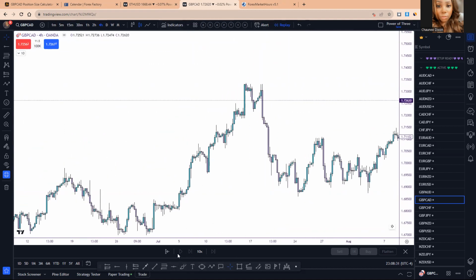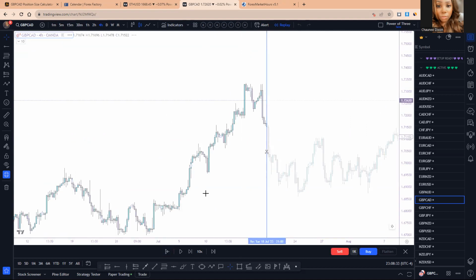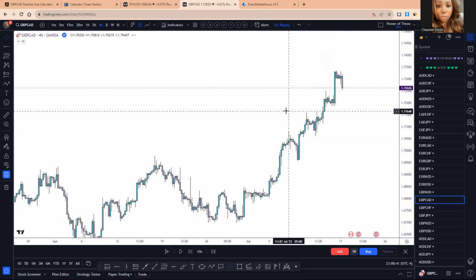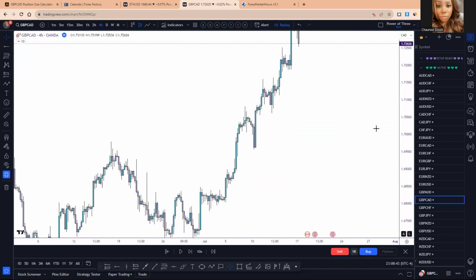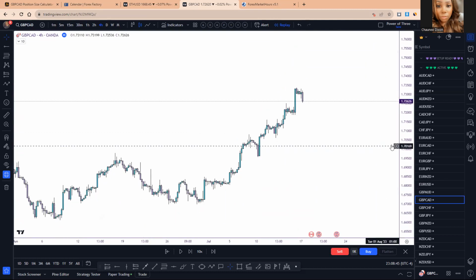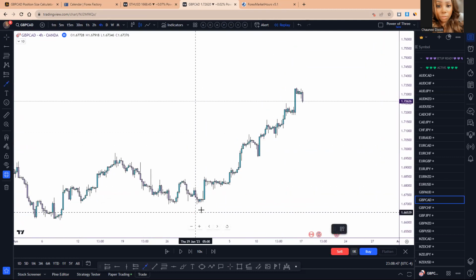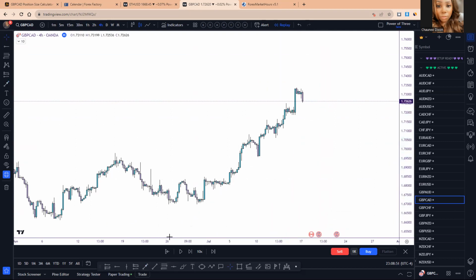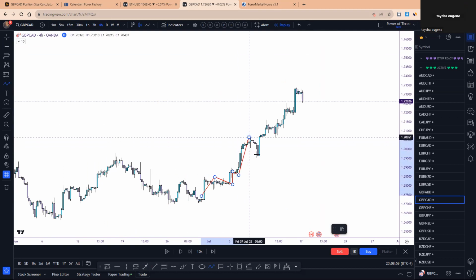Okay, let's do this one. At this point in time, this was an uptrend. In an uptrend, what do I only care about marking up? Does anybody remember what I said about that? Lows, right? Yep, I only care about the lows.